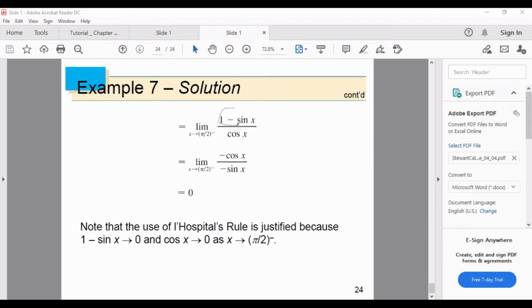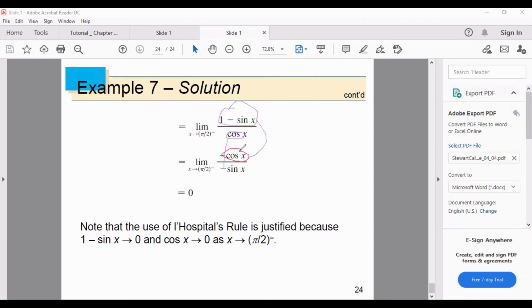That means we have to evaluate the derivative of 1 minus sine, which is negative cosine, and the derivative of cosine, remember the derivative of cosine is minus sine, negative. That's why it becomes minus cosine over cosine. Now at pi over 2, what about the limit of the numerator?